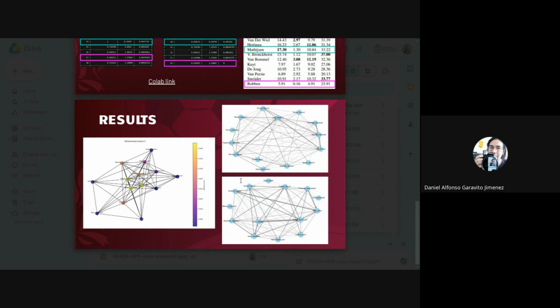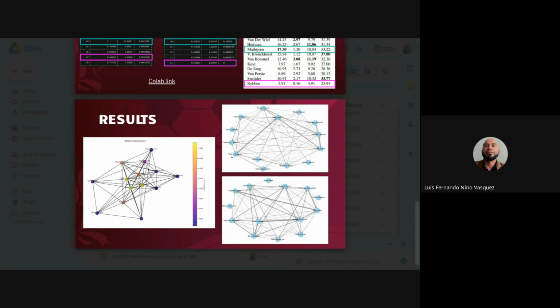One of the key results is that we want to use this kind of analysis to find community structure in the teams, key player identification, and also some kind of sub-networks and network density and connectivity analysis. And we also try to reproduce the first plot of the paper that shows the key players and the most usual passes in each team.